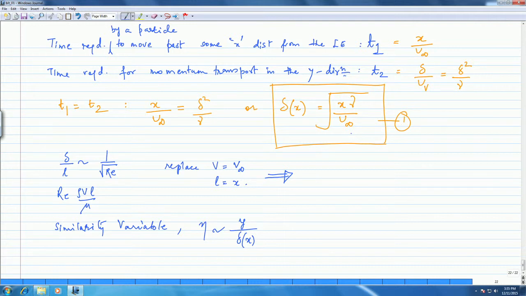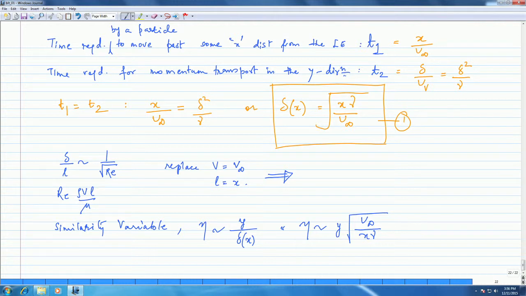If I do that, what I will get is that eta, which is y by delta, is y times the square root of u infinity by x nu. Yes, that's fine.